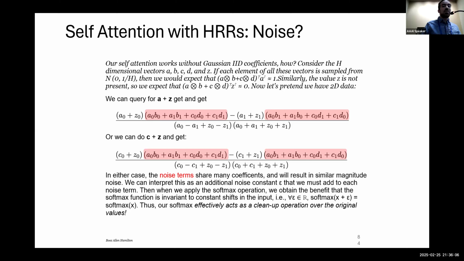So by using the softmax, we are effectively denoising the noise we introduced by not having the correct input distribution of our vectors. We weren't so clever to realize this at first. We did the dumb thing and then it worked, and we were trying to figure out why does it work? And we realized this was what was going on.